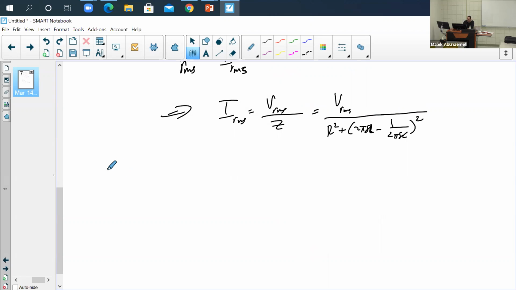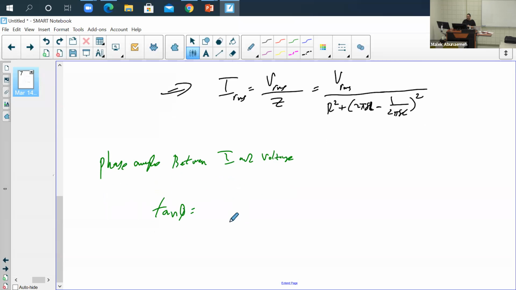Now the phase angle between the current and the voltage is going to be called tan theta, which we're not going to go a lot into the mathematics of.